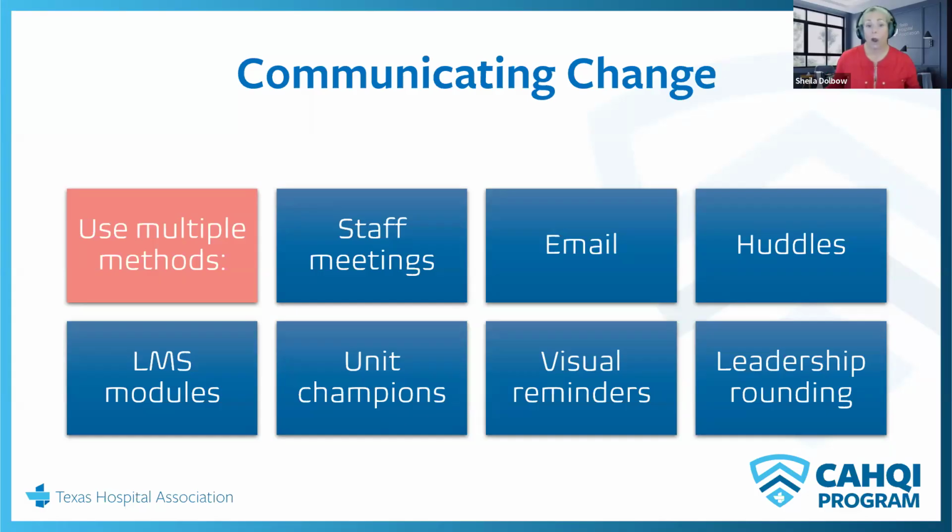And so, are you able to actually capture everybody in a staff meeting? We have emails, but how many people get behind in checking email? Huddles are great, and everything. You have unit champions, visual reminders, leadership rounding. There's lots of different methods to communicate change or to relay messages. We just have to make sure that we utilize more than one.